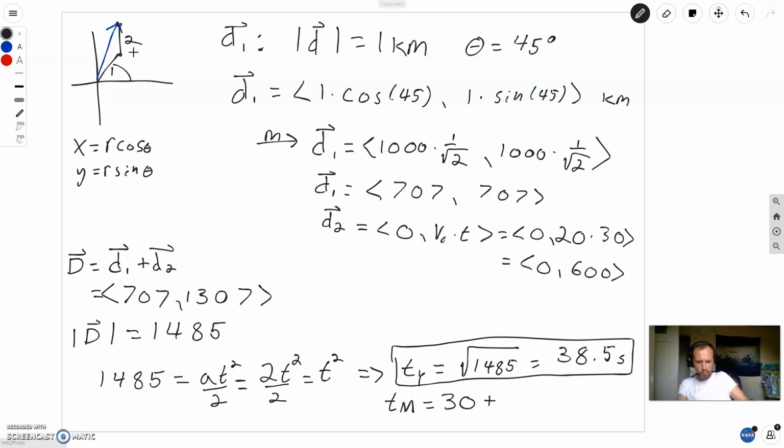So the time will be the distance, which was 1,000, divided by the velocity, which was 40. So this gets me 55 seconds.